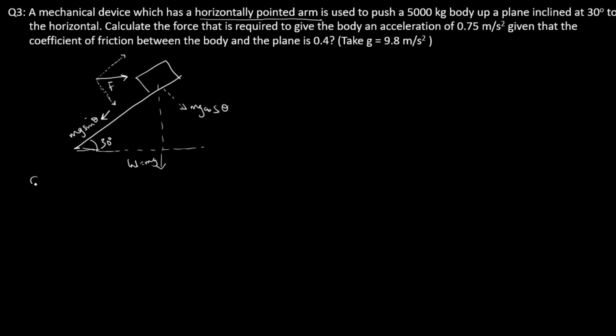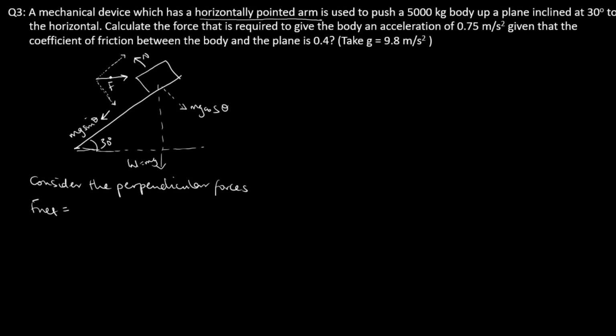So let us consider the perpendicular forces. We are doing this because friction is involved here. Okay, so we can write F net equals, now of course we know that there's a normal reaction here which goes out of the body. It acts outward, in the opposite direction to mg cos theta.